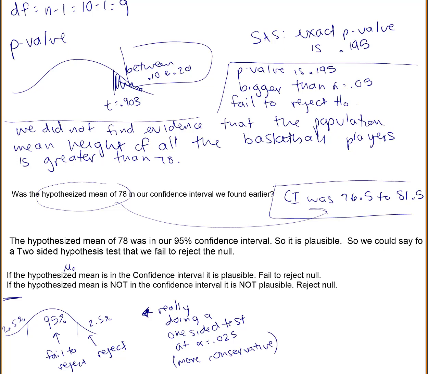So you could switch to a one-sided confidence interval and you could draw it out and say, okay, I'll put 95% here and 5% here. And if it's over here, fail to reject. And if it's not in the tail, reject. So you could do a separate confidence interval. We do know how to do one-sided confidence intervals, but you really don't need to.